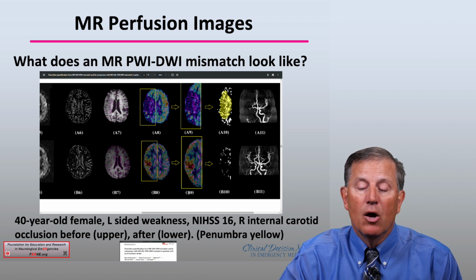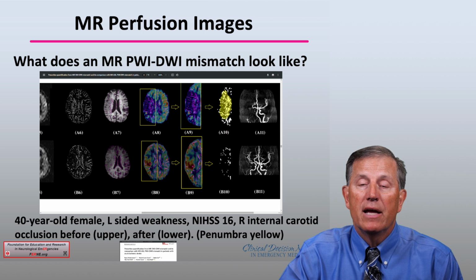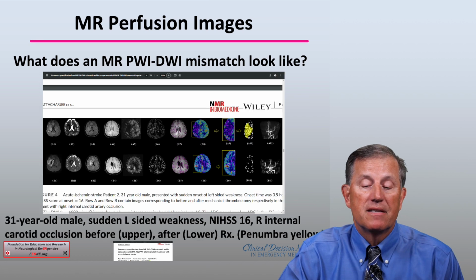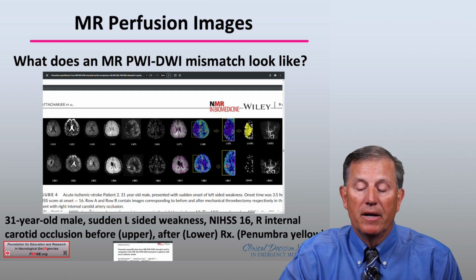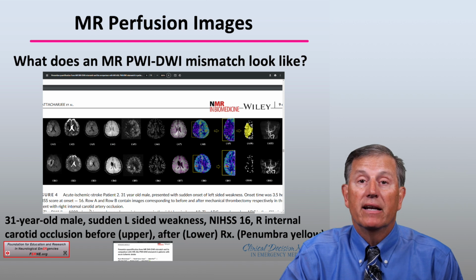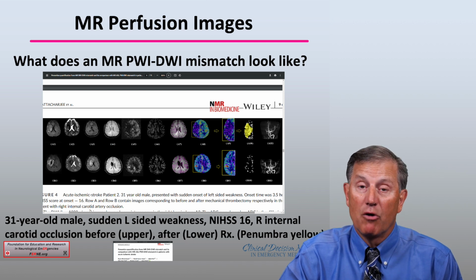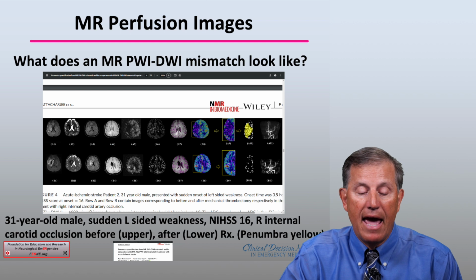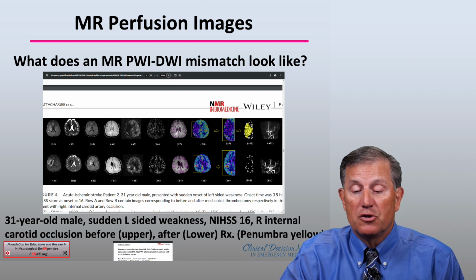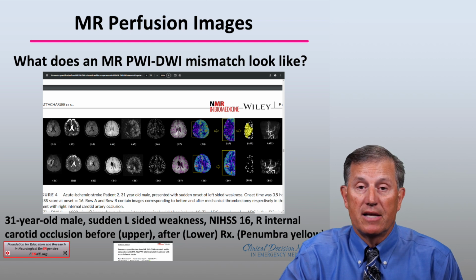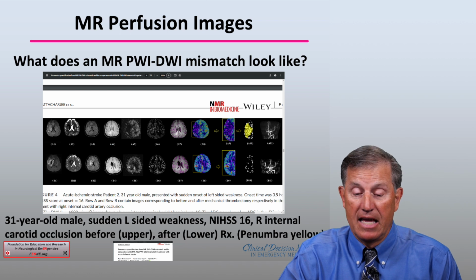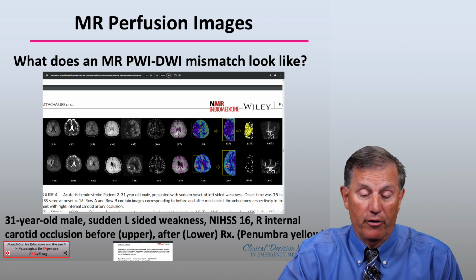And you could see what's important here is the yellow ischemic penumbra identified on MR. This is another example where the penumbra is identified in yellow. A 31-year-old male, sudden left-sided weakness, NIH stroke scale high again of 16, a right internal carotid occlusion. And so you can see in these two patients who had carotid occlusions as a cause of their stroke, with MR, you can identify an ischemic penumbra as identified here in yellow.